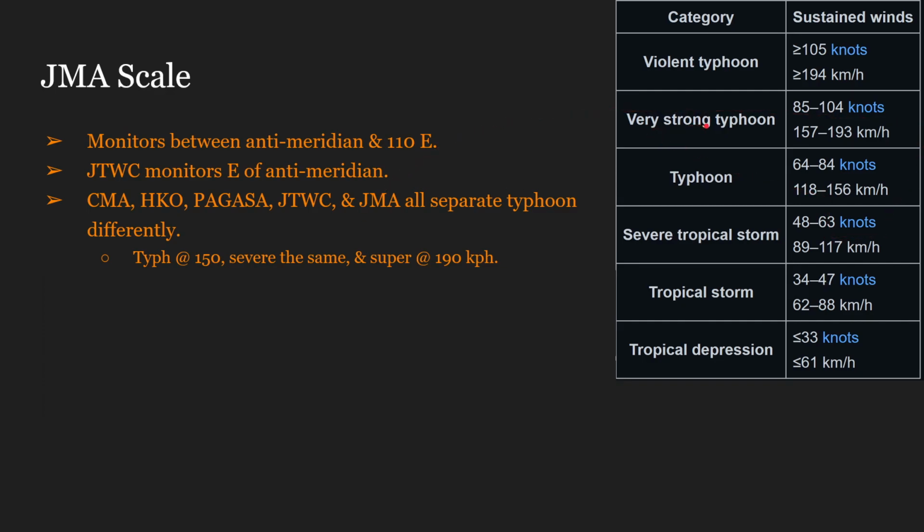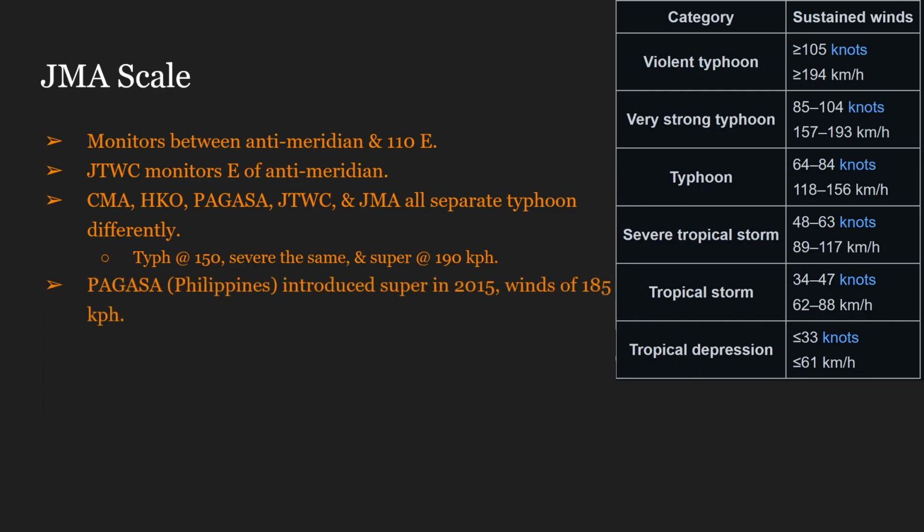A very strong typhoon is instead called a severe typhoon and is the same, which means that there is a gap in between typhoon and severe typhoon, and then violent typhoon is replaced with super typhoon and starts at 190 kilometers per hour, meaning that you have an overlay of wind speeds between severe and super. Yeah, I don't like that scale.